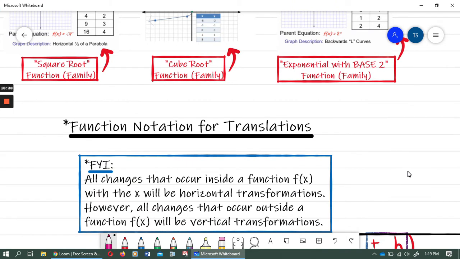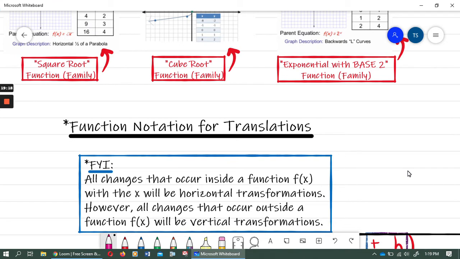Okay, so guys, we're going to start taking a little look here at the function notation that's involved with translations. And again, guys, remember that translations are types of transformations that are sort of like sliding or shifting in a vertical or horizontal or diagonal direction, where the figure is shifted or kind of moved vertically, horizontally, or diagonally.